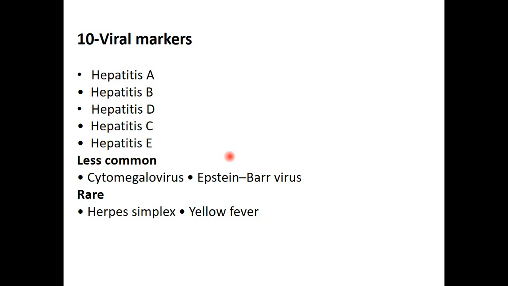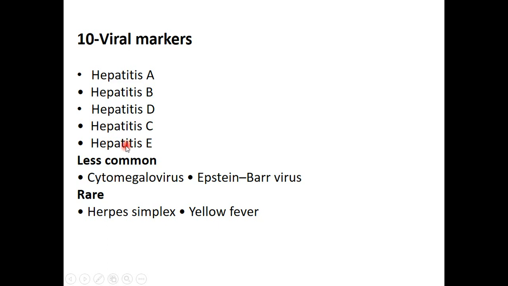So you can send the patient for HIV antibody, hepatitis A virus antibody. You can send for HBs antigen. HBs antibody is also useful during vaccination, for example. You can send the patient for hepatitis D antibody, HCV antibody, hepatitis type C. Nowadays very commonly we see patients, especially after post-transfusion hepatitis.